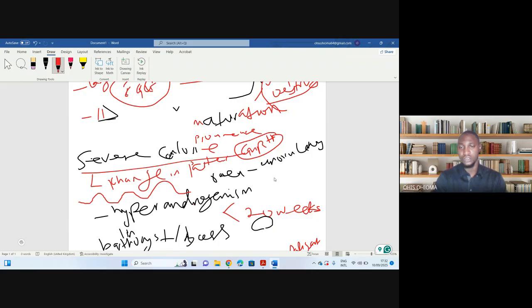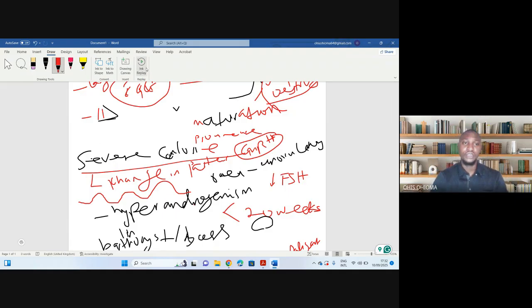And what that does is that it drops the level of FSH and LH. And so estrogen is not produced. And then this patient has amenorrhea. The patient won't be able to see the period and all of that. It's commonly tested. In the question, they might not put that the patient has severe caloric restriction.